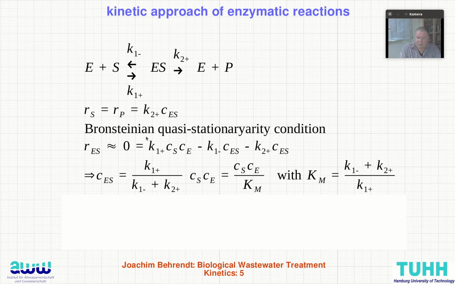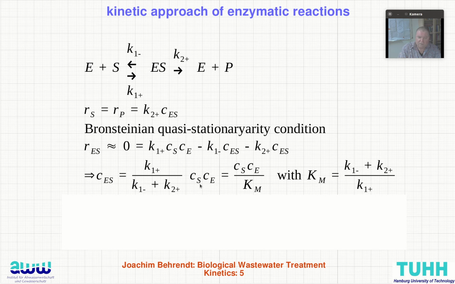And with this we can express the concentration of the enzyme substrate complex with the concentration of the free enzyme. And finally all constants are put together into one constant, Km, due to Michaelis-Menten, where Km is made of these speed constants.